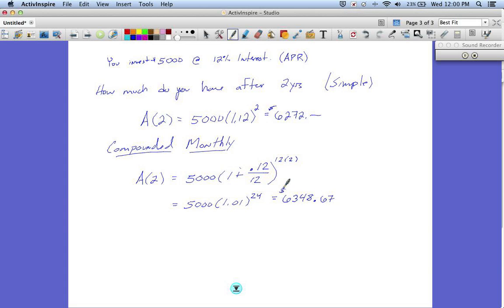So a little bit more than before. Okay, so that's how compounding changes. You're going to get more money. And of course, if I change this to bi-weekly, you do 26 compounds in a year, right? Once every 2 weeks, and there's 52 weeks in a year, so that'd be 26 times.